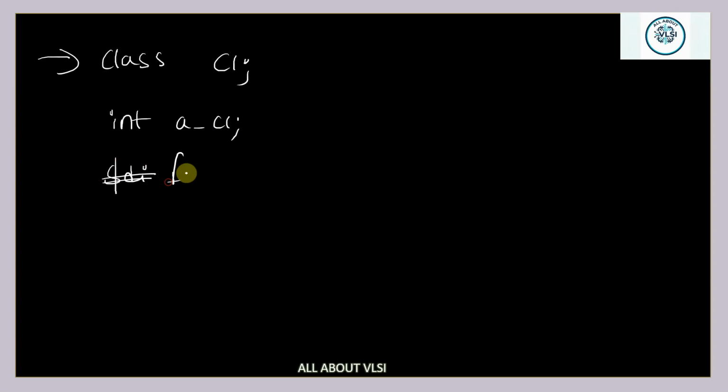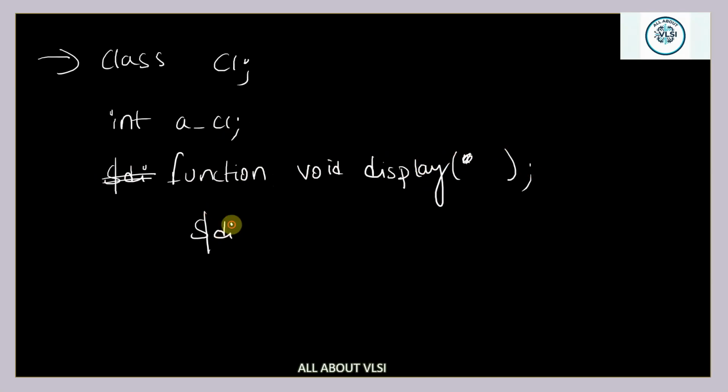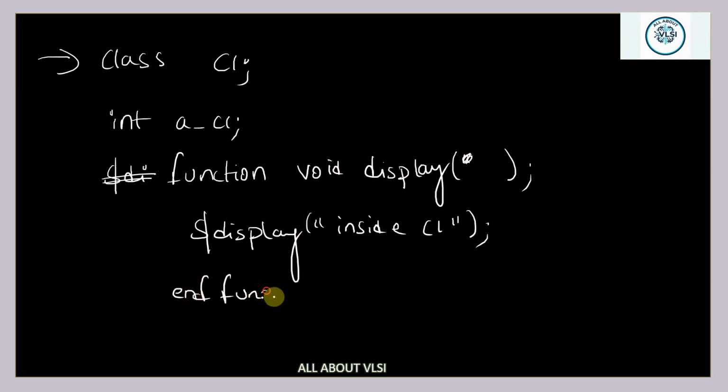So one function, void display, and this function is just going to display "$display inside C1". It is just going to display this, followed by endfunction and endclass.